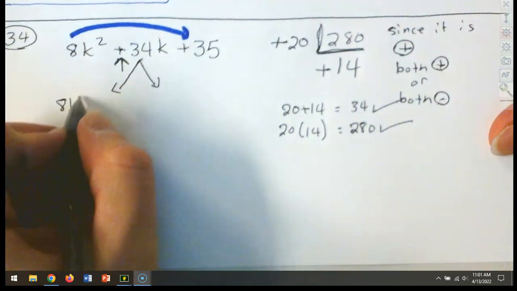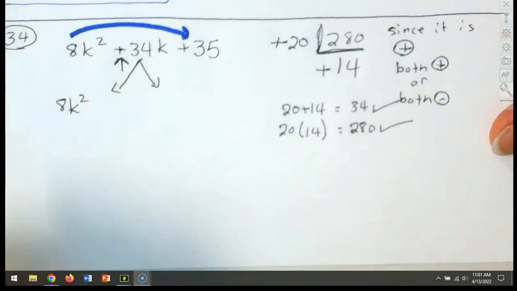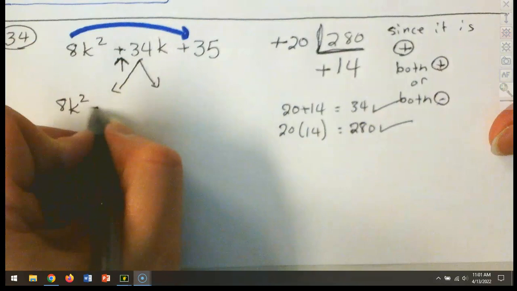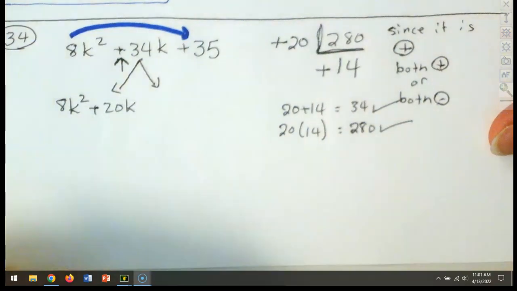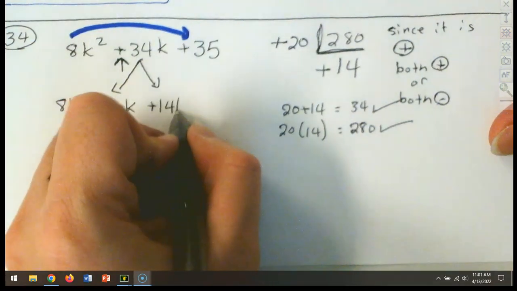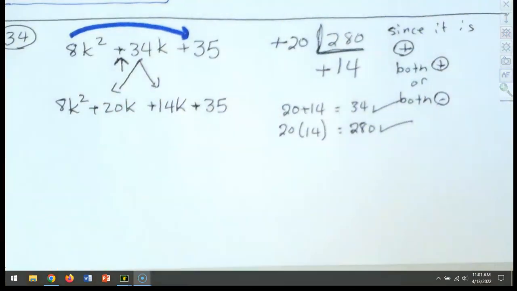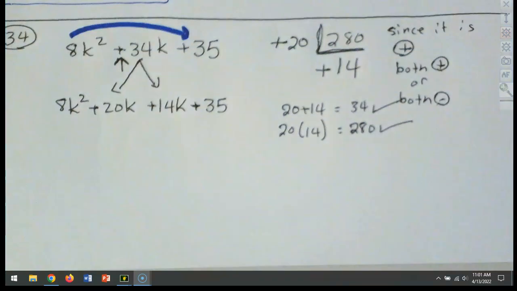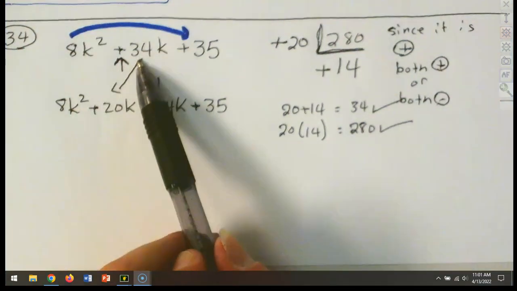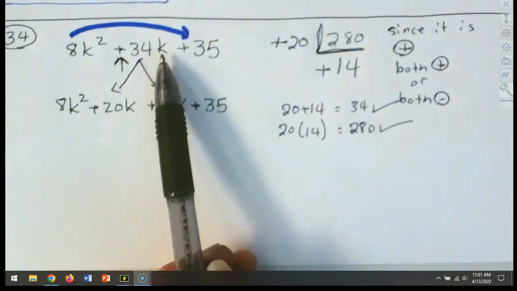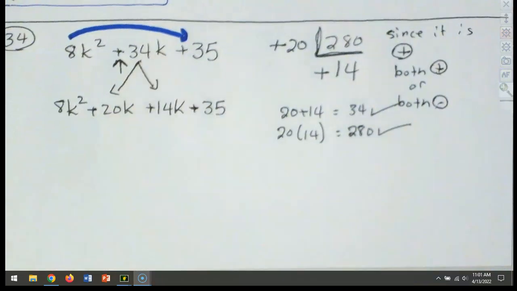So 8k squared plus 20k plus 14k plus 35. And you split that middle up because 20 plus 14 gives you that 34. So that's why you split it up. Middle variable was k, so the k's come down.